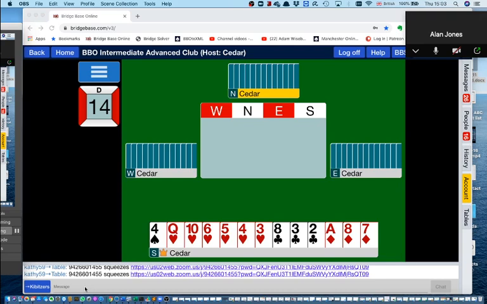And then the third thing we want is that the entry threat is also a finesse position. So instead of doing a squeeze at all, you could just simply go and take a finesse. And if the finesse succeeds, if the person on the left who you're squeezing has this card, then you would make the contract anyway. So why am I interested in this?